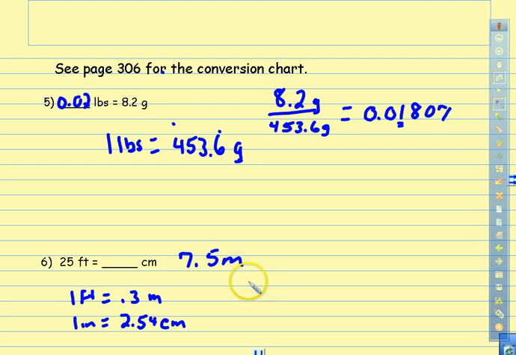Then what you can do from there is convert it to centimeters, which is going to be 2 to the right, so 1, 2, to give me 750 centimeters. Another possibility is you could have converted this feet into inches. You could have done that and went about it in that manner as well to get that same answer. So 750 is again your answer to this.